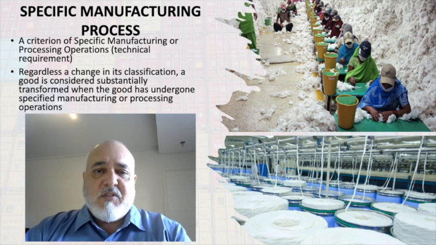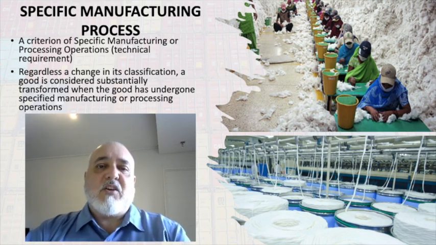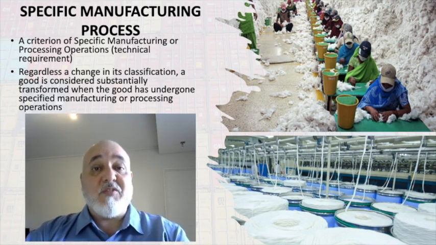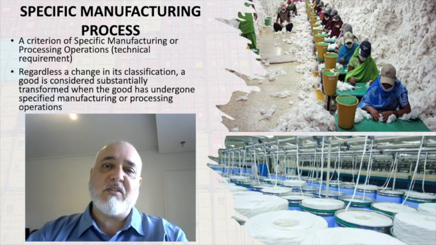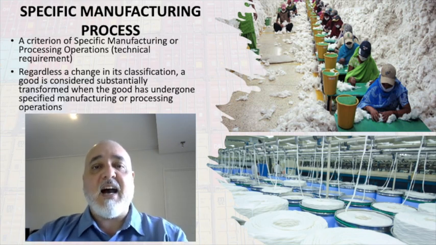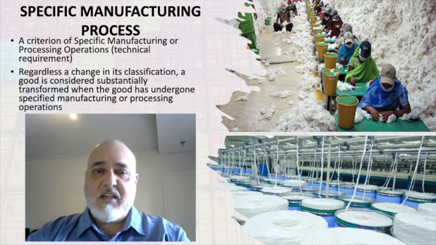So, the specific manufacturing or processing operation criterion involves a specific set of manufacturing or processing operations that must be undergone by a non-originating material to become an originating one. This criterion can be used on its own or in combination with another criterion. It's often used in industries where there is a high degree of technical expertise required.